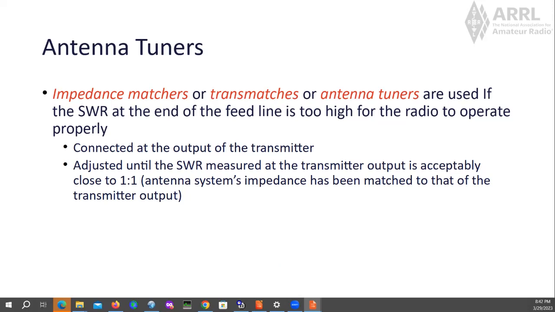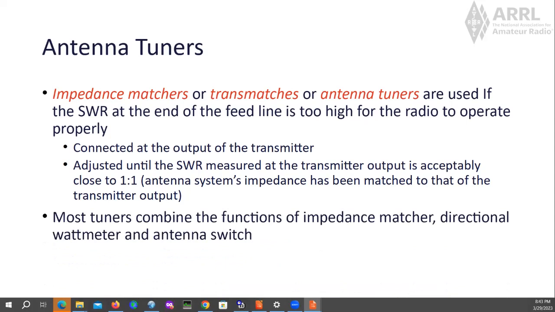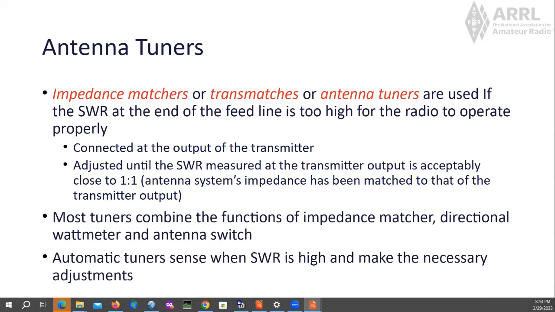The antenna system's impedance has been matched to that of the transmitter output. Most tuners combine the function of impedance matcher, directional watt meter, and antenna switch. Automatic tuners sense when SWR is high and make the necessary adjustments.